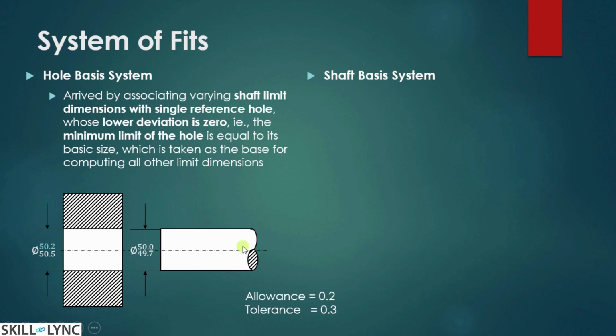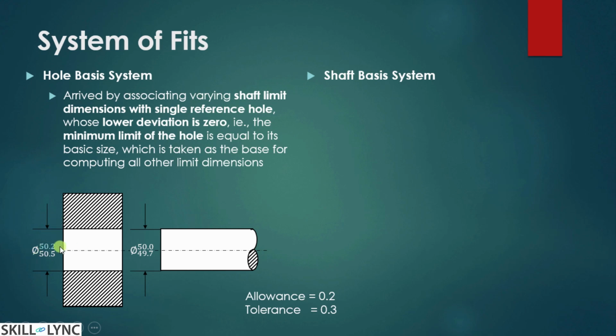So it means that for the 50.2, for allowance of 0.2, your shaft is going to have a maximum size of 50, wherein you take in for the lower side, basically from this 50, because it's absolute, you can't consider this dimension at all.